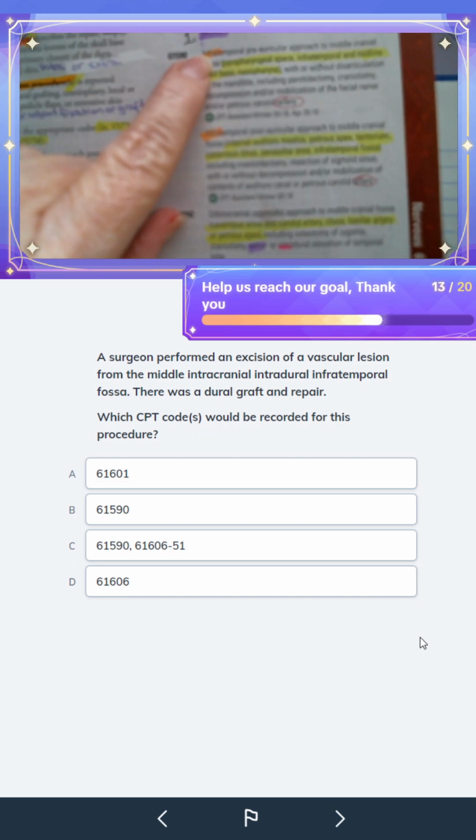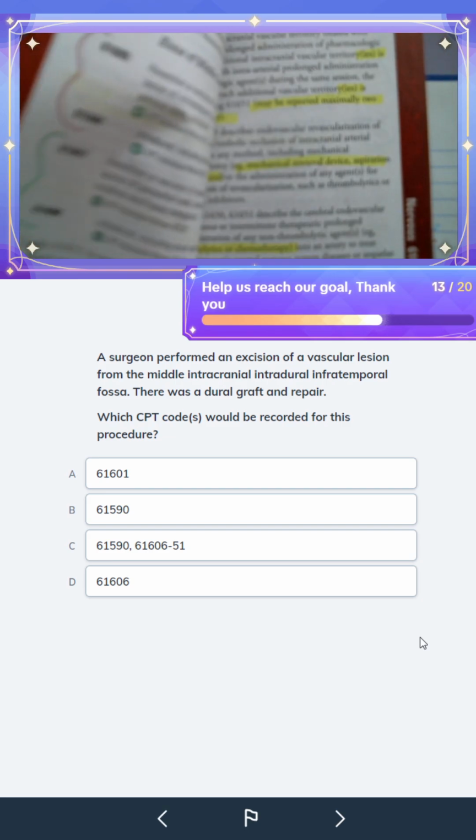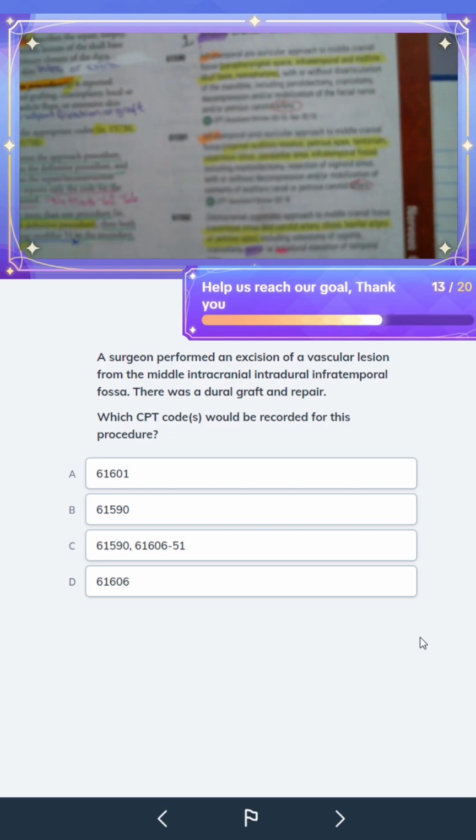Are you infra, I-N-F-R-A, or are you intra, I-N-T-R-A? We've got intra and infra both listed in this one. Some are T's, some are F's.